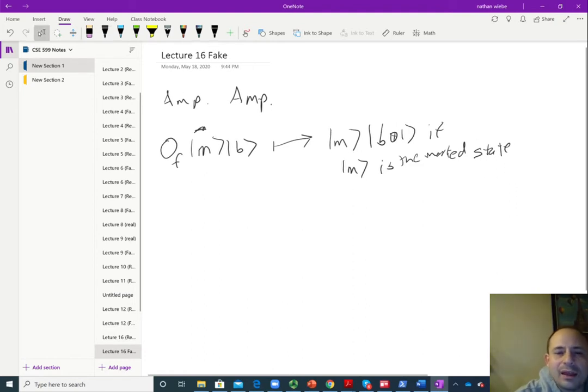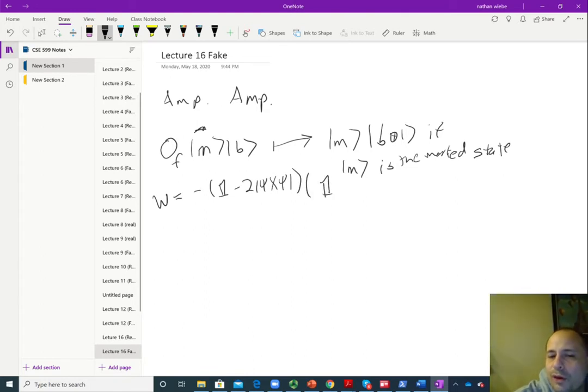That is what we did, and if you recall, we solved this by building an object called the Grover iterate or Grover walk operator, which is of the form of the product of two reflections. The first one reflects about the marked state. The second one reflects about the initial state that we're in.